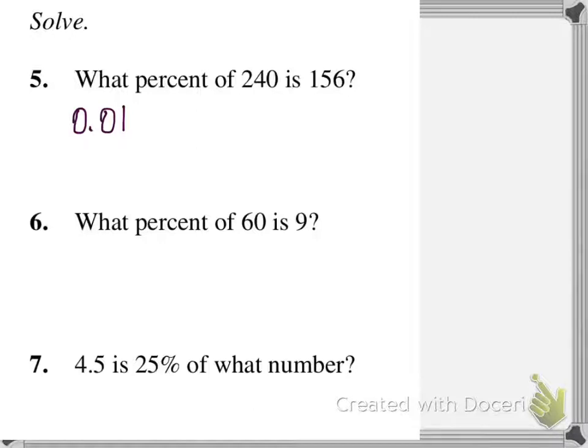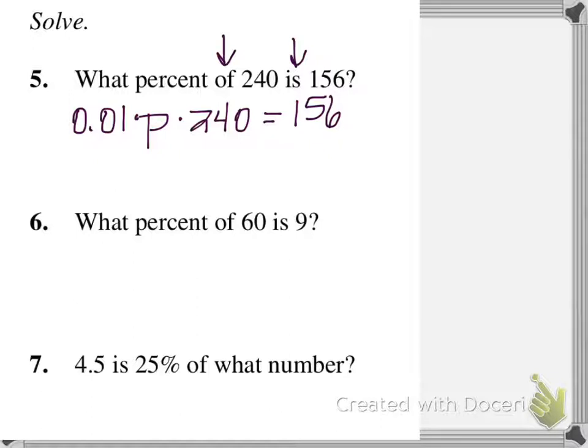What variable do you want to use? We'll say p. So times p. And then we have the "of," 240, so now we have to times by 240. And then we have our "is," which means equals 156.